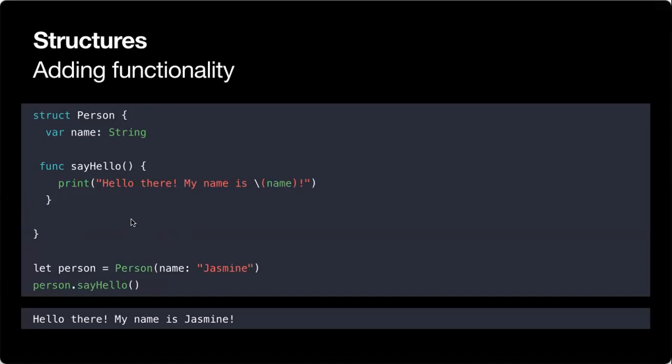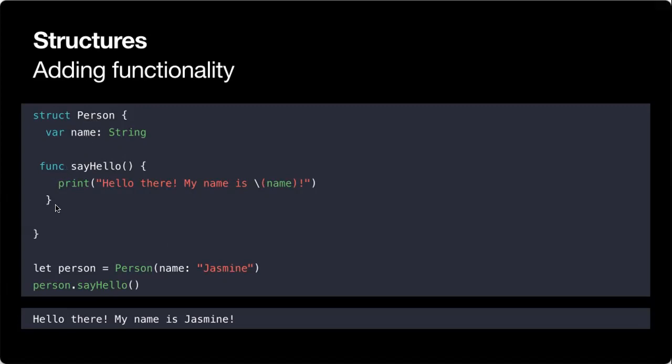In this case, we are adding a function or a method that belongs to this person. Now we have an attribute called name. In addition to that, this person can say hello. Usually it's a function. So it can say hello, and then it prints "Hello there, my name is", and then the attribute that you used to create this object with.